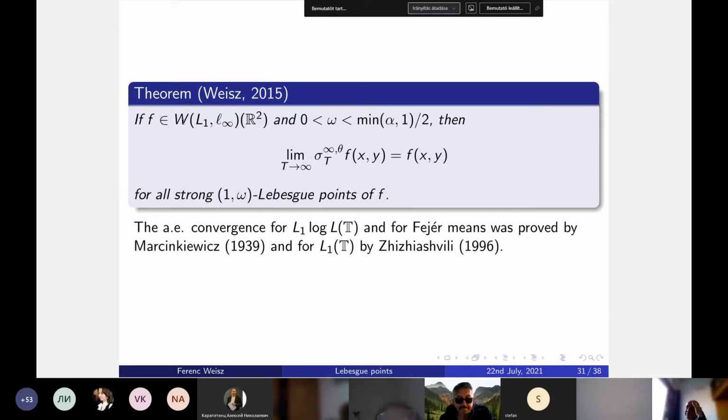And as you can see, I proved it for Lebesgue points and for larger function spaces. This was the fourth generalization.